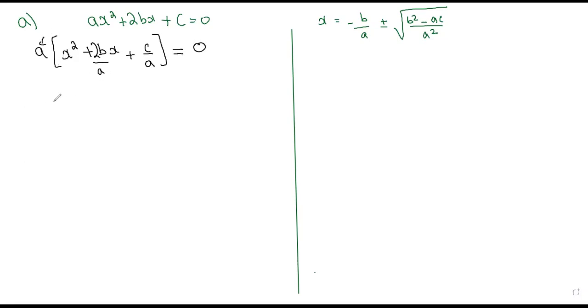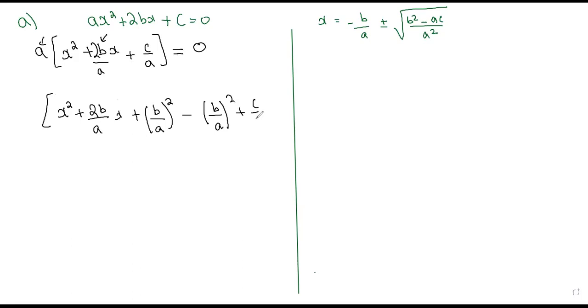I'll divide it on the other side and I will have x squared plus 2b by a x. Now, what would be half of 2b by a? It would be b by a. So I need to add (b by a) squared, I need to subtract (b by a) squared, and I already had plus c by a equals 0. Any doubts about this?